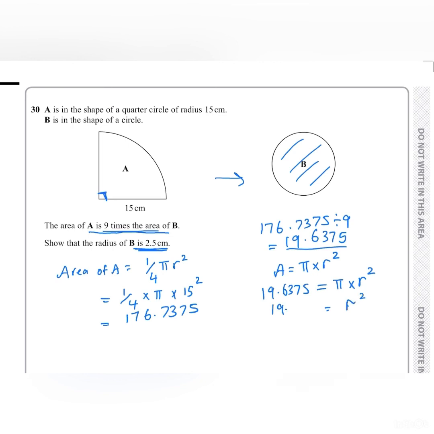So 19.6375 divided by pi will give us r squared, the radius squared, and that is 6.25. Then to find what r is, because it's r squared, we square root both sides. Okay, so the square root of 6.25 is 2.5. So we have shown that the radius of B is 2.5.